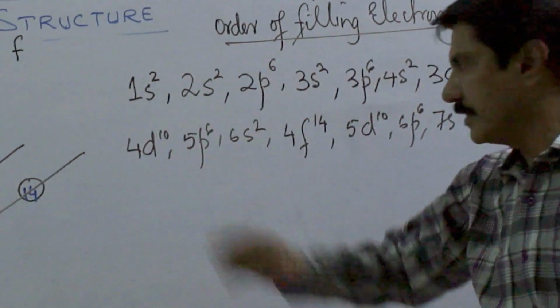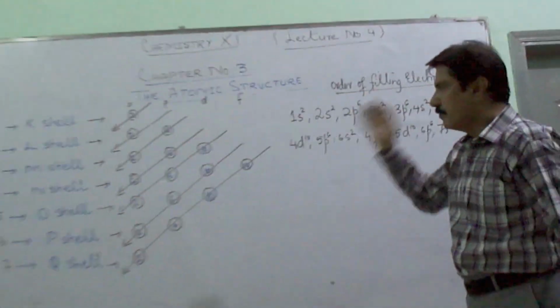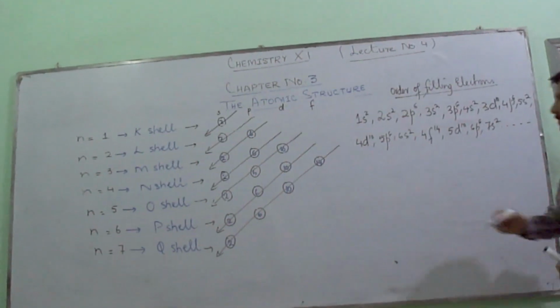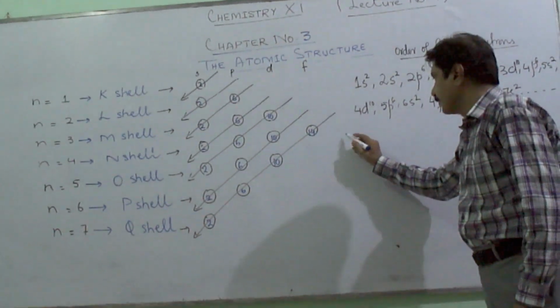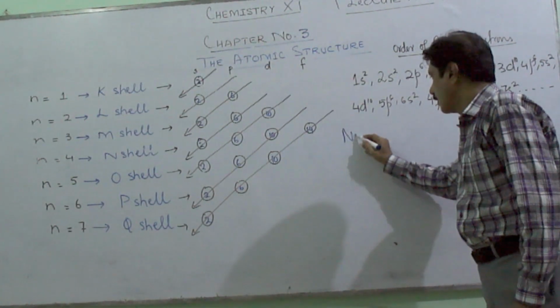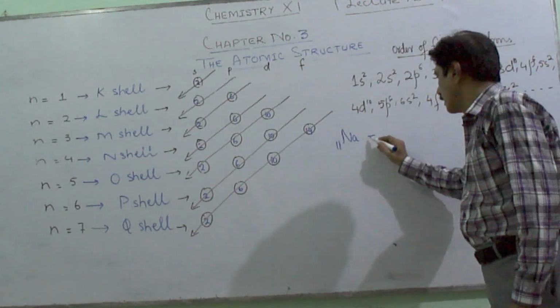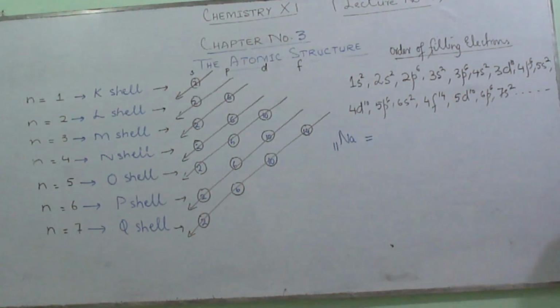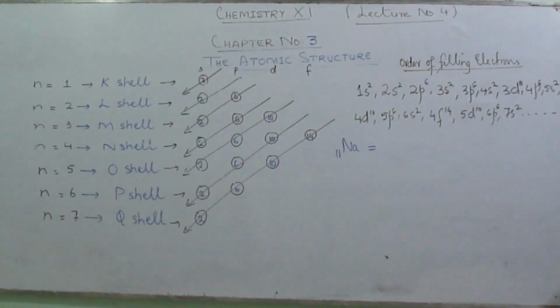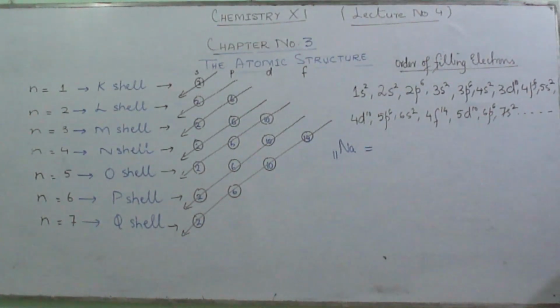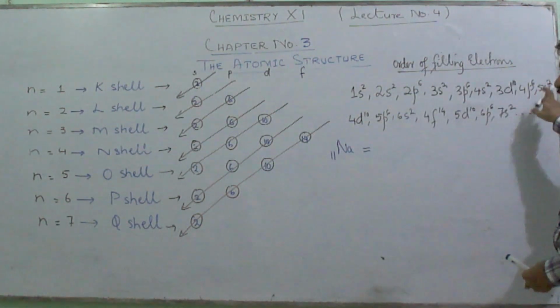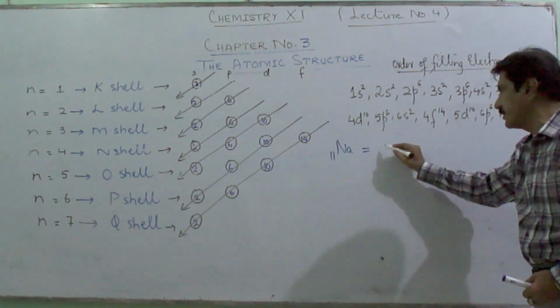Now, let me give you some examples for building up the electronic configuration. Say you are asked to write the electronic configuration of sodium, whose atomic number is 11. You must follow the Aufbau principle to distribute these 11 electrons.